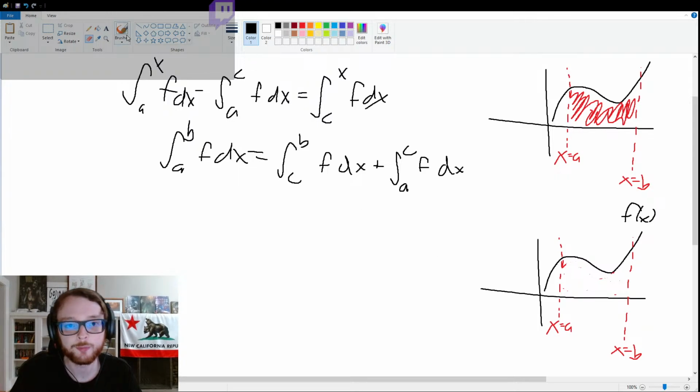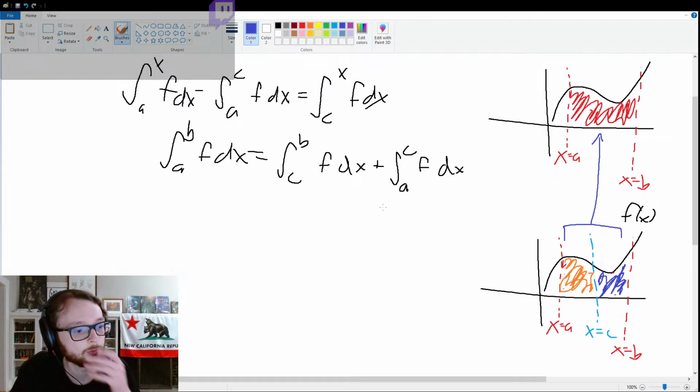If I name a new point between these two points and call it x equals c, and I get the area on the left, and add the area on the right, well, these two areas just add up to the entire area in the original integral. Yeah, okay, cool. You got it when I added it? Okay, good.